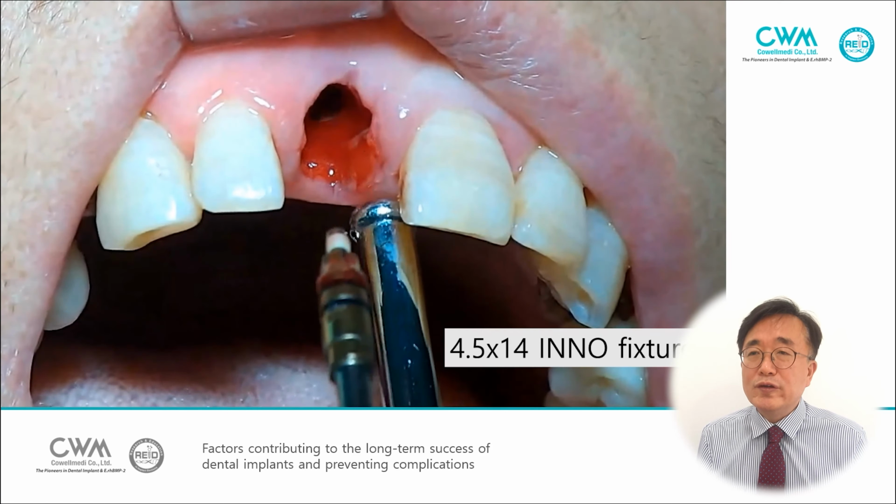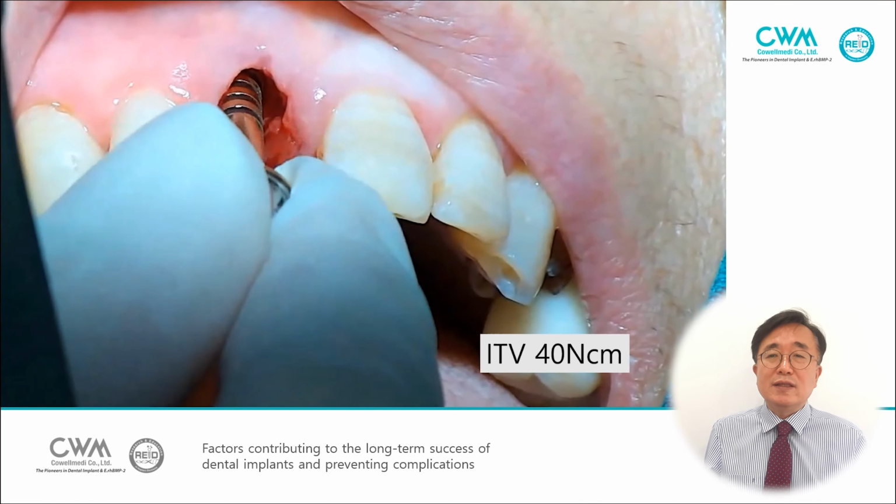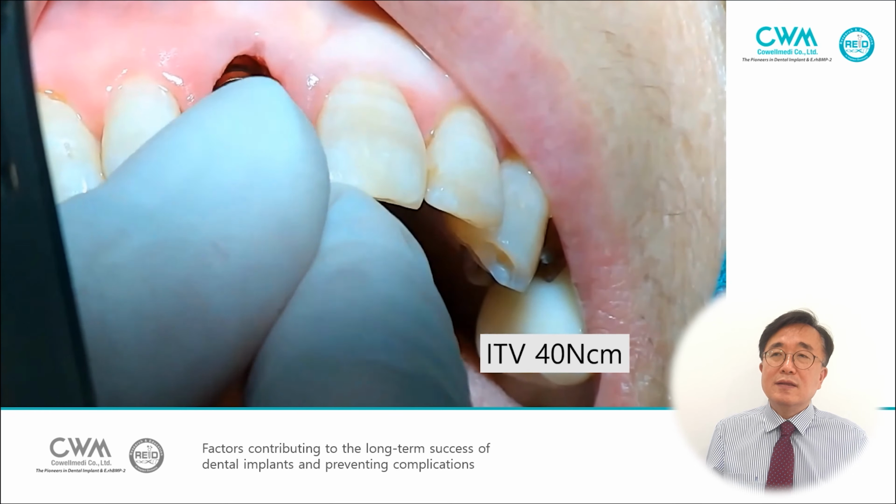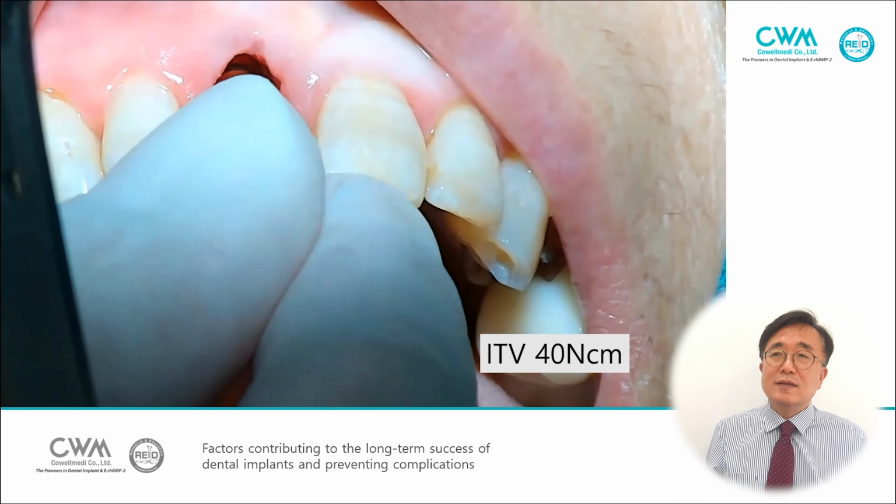Diameter was 4.5, length is 14. And the implant insertion torque was over 40 Newton centimeters, and the implant placement level was 4 mm. We can check this depth line on the picture.